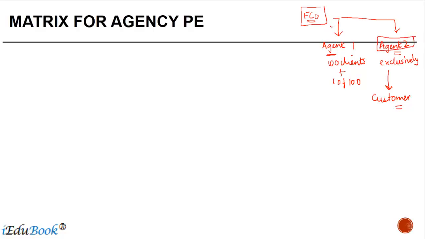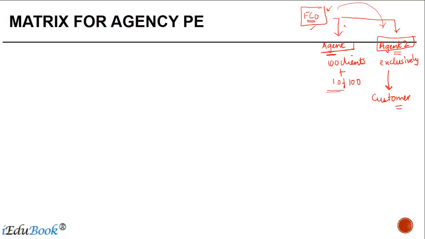Why? Because he's securing orders for them, he's signing contracts for them, and doing everything which this foreign company would have done if it were present in India. As against this, the agent otherwise only delivers goods to the customer which are identified and sales are concluded by the foreign company itself.